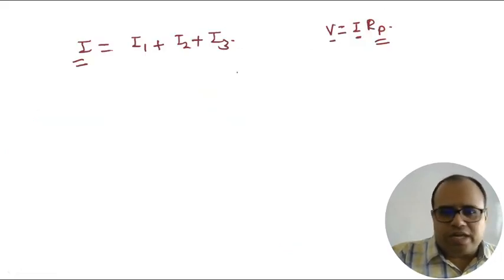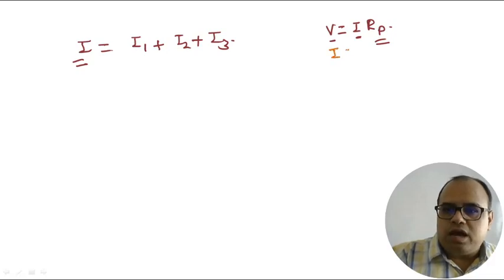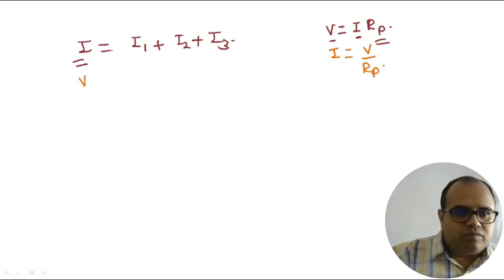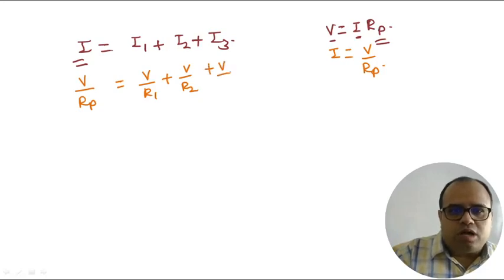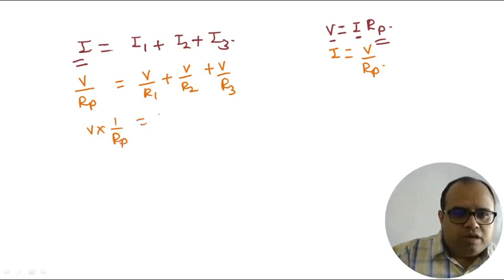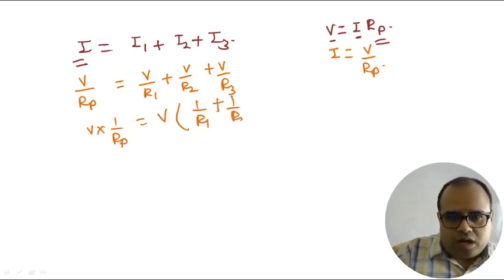Now we can find the value of I from here. I is equal to V upon Rp, and this value we can substitute here. V upon Rp is equal to V upon R1 plus V upon R2 plus V upon R3. V is common, so we can write 1 upon Rp equals V times the sum of 1 upon R1 plus 1 upon R2 plus 1 upon R3.